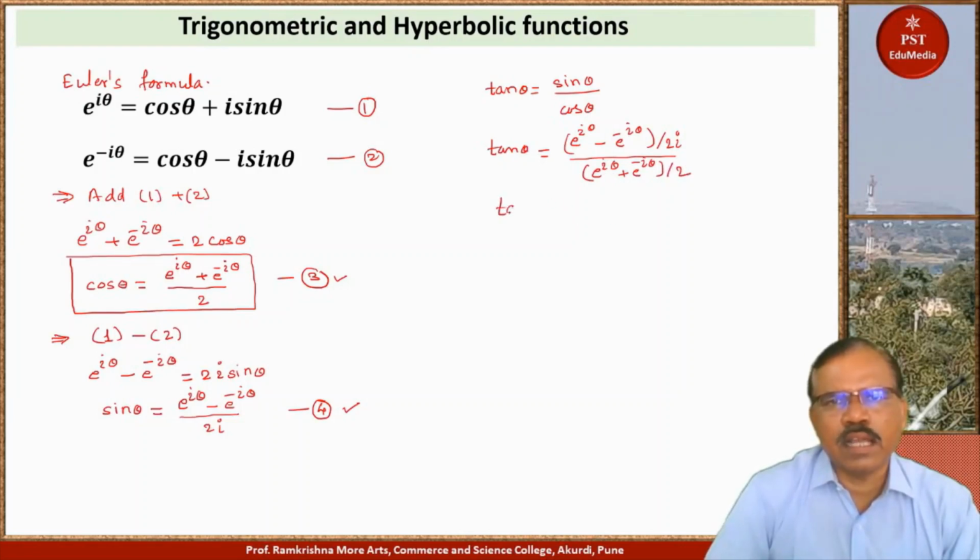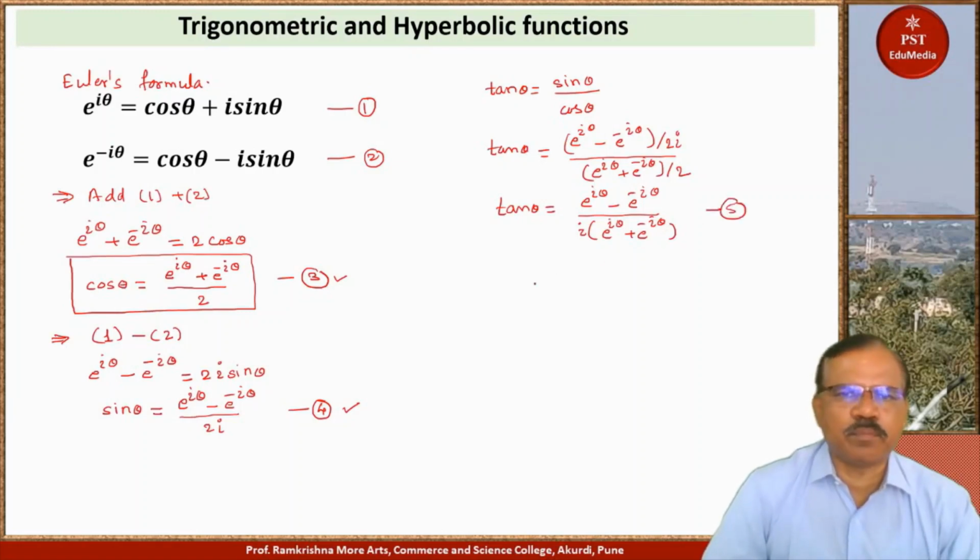So tan theta is equal to e raised to i theta minus e raised to minus i theta upon i times in bracket e raised to i theta plus e raised to minus i theta. So let us call this equation number 5.